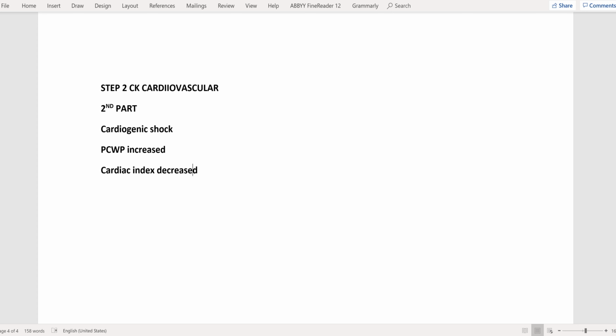Their cardiac index is going to be low. PCWP is going to be low as well, I think. And their SVR is going to be increased. Good job, SVR is the only one that increases. What about the blood pressure? Obviously decreased.